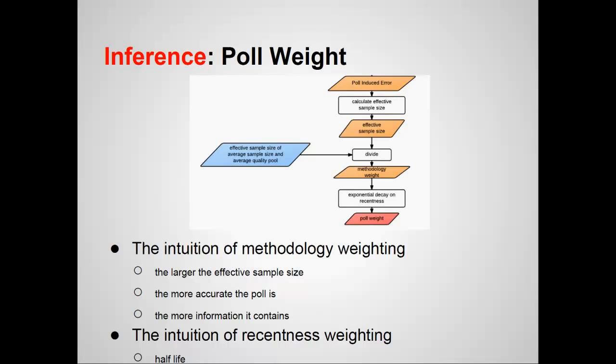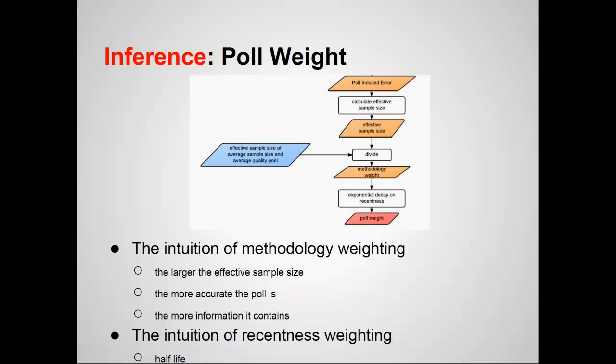But if you need 2,000 observations in the simple random sample, that means the poll that you are using right now is much more efficient. So what the server tried to do here is define a median average sample size poll with average quality, and transform that into an effective sample size, which will be 283.